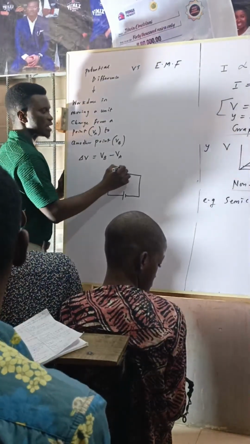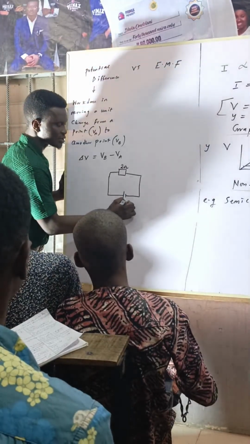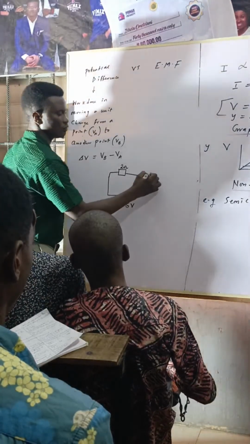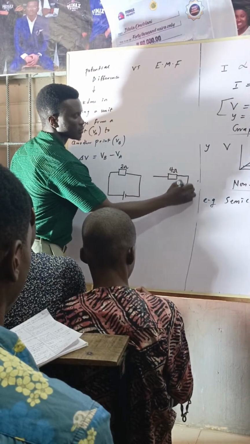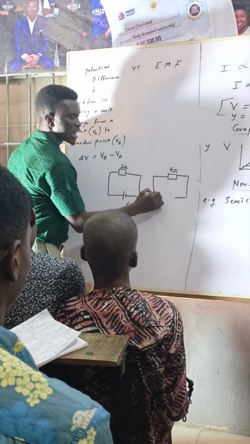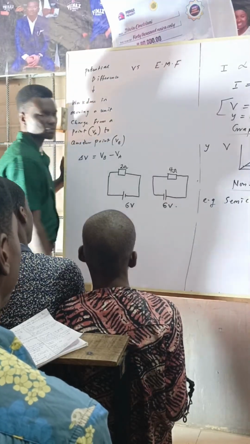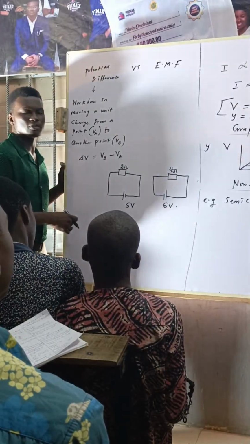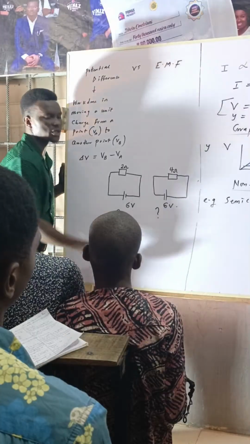Let's say this is a 2 ohm resistor and this is 6 volts. Let's say I have a 4 ohm resistor without neglecting internal resistance, and this is 6 volts. Now, what will be the current flow in this place, and what will be the current flow here?